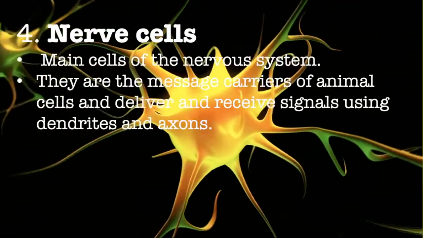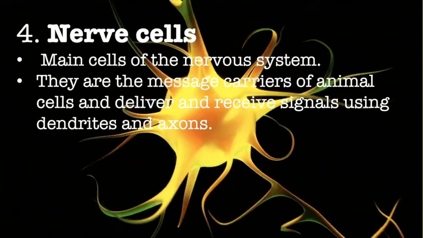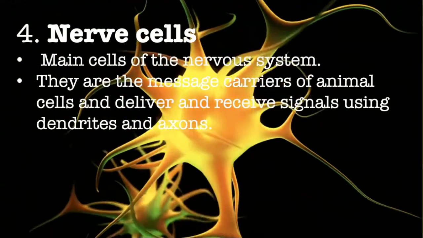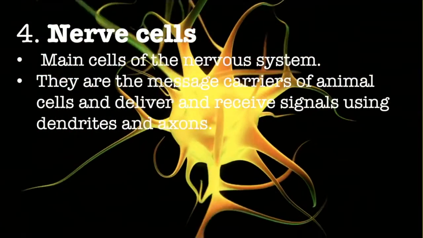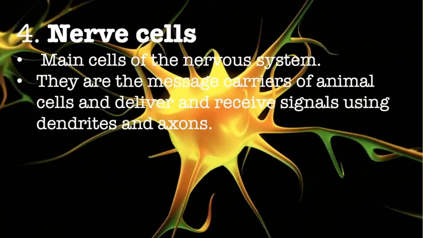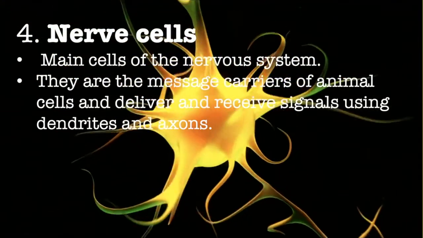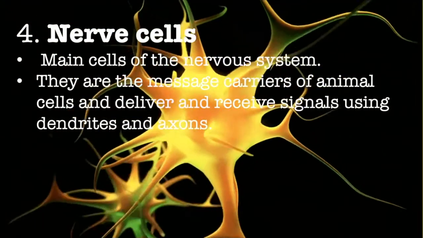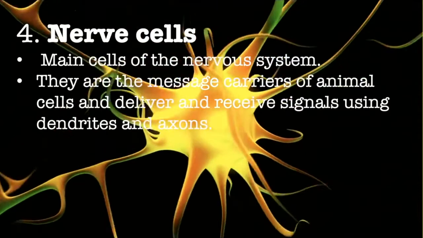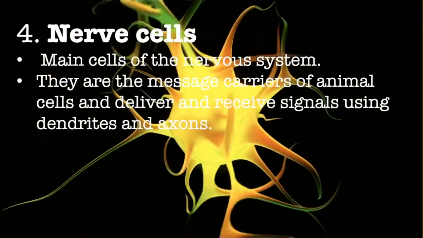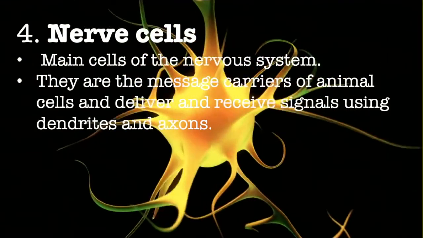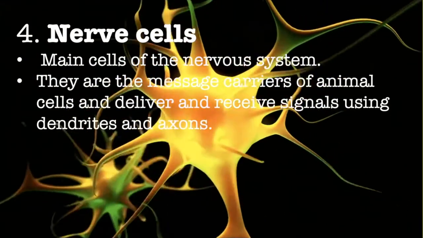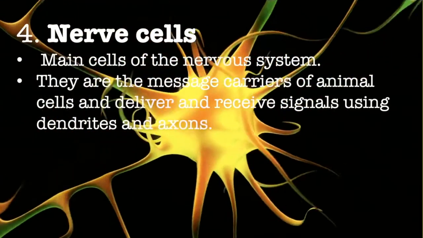So, nerve cells, the main cells of the nervous system. It carries messages. For example, if your seatmate right now, while listening to our broadcast or in your FB live, spanks you, then what would be your reaction?